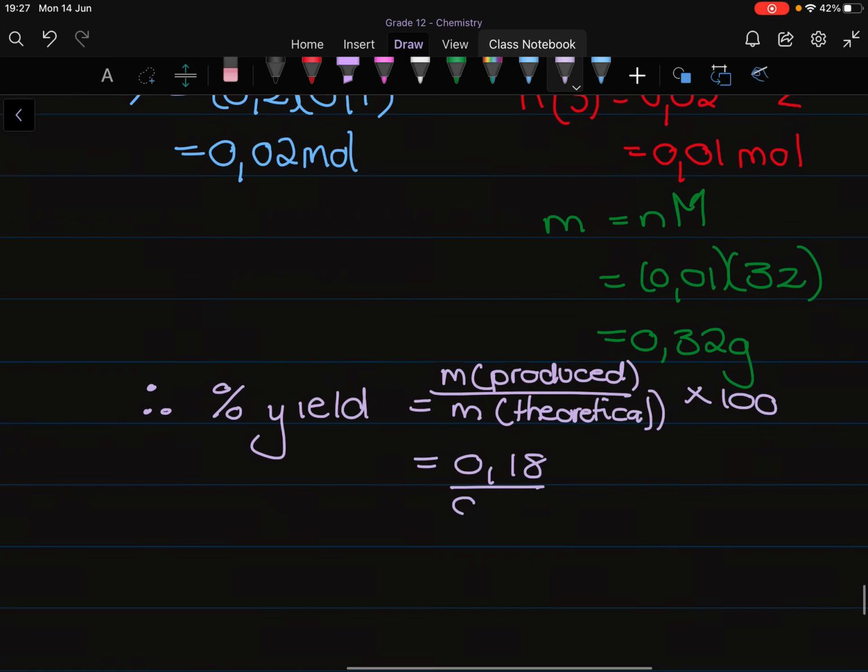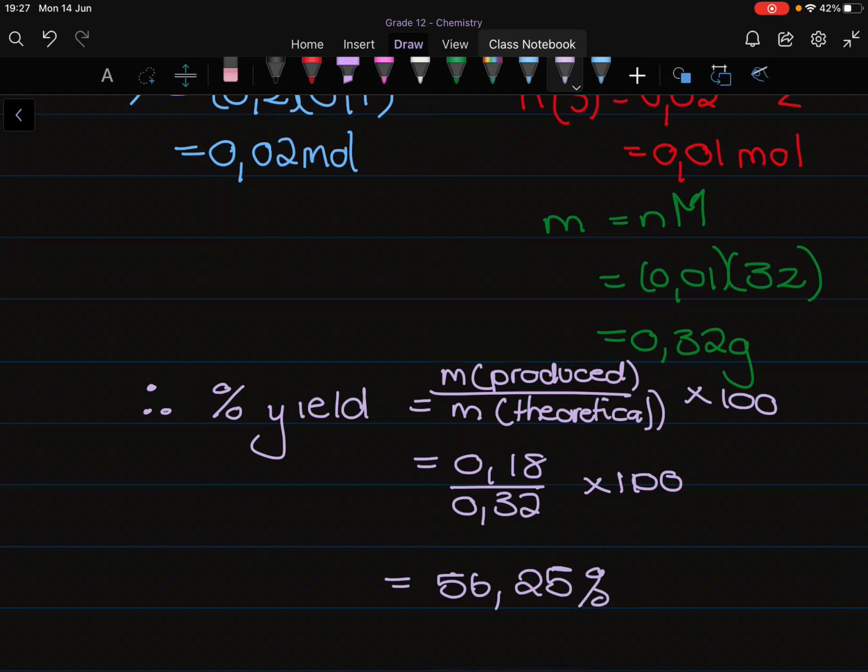So 0.18 divided by 0.32 times by 100, and that gives me 56.25%. It's not a very high yield, but it is what it is. We're not asked to comment on it. We can't make any comments as to whether this is a good or bad thing in real terms, but we get 56.25%.